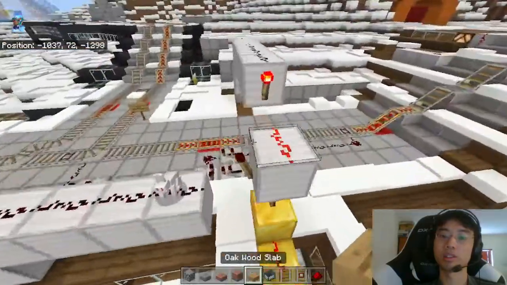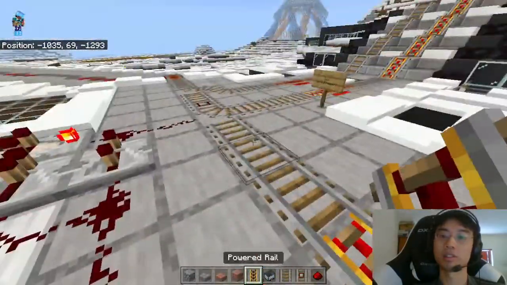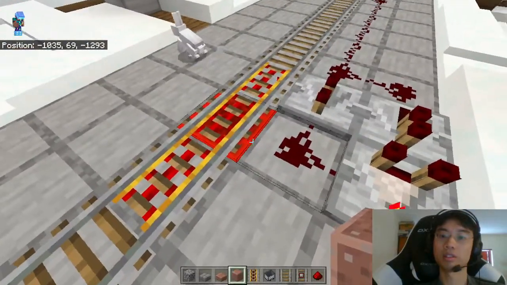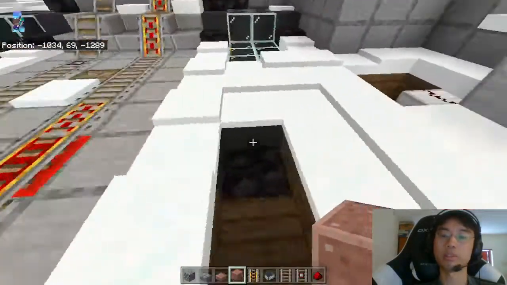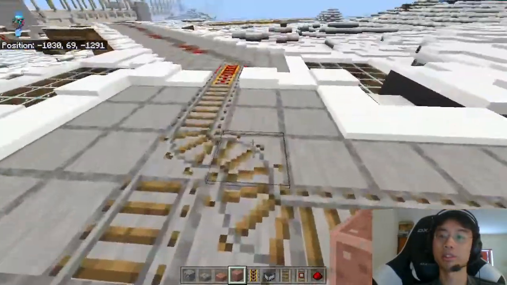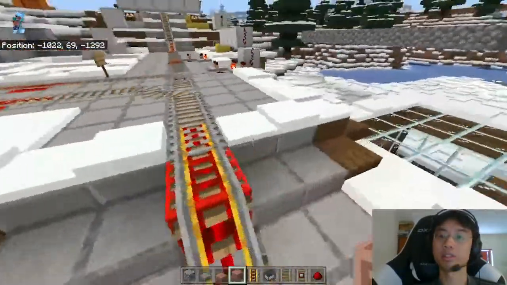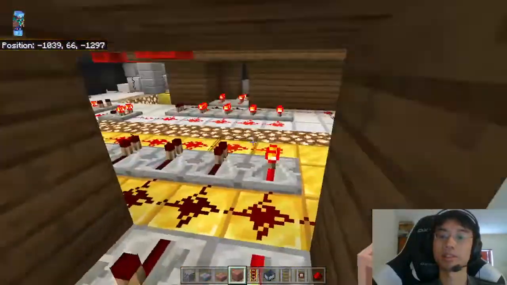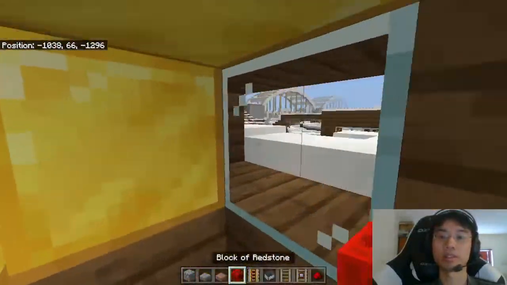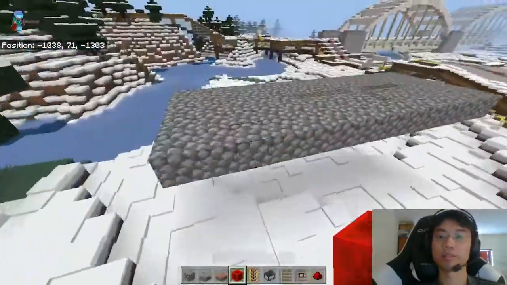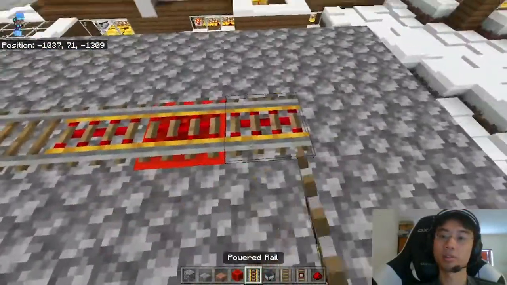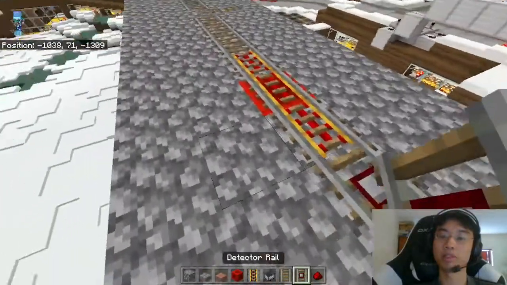And then I can't actually pick the other one. And then 1, 2, 3, and then button.